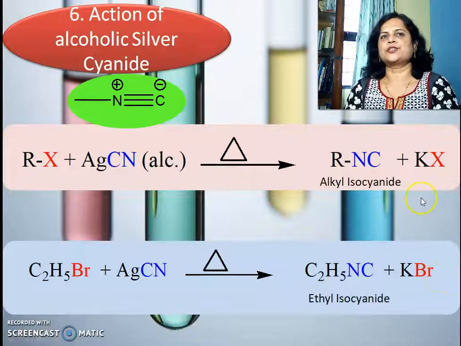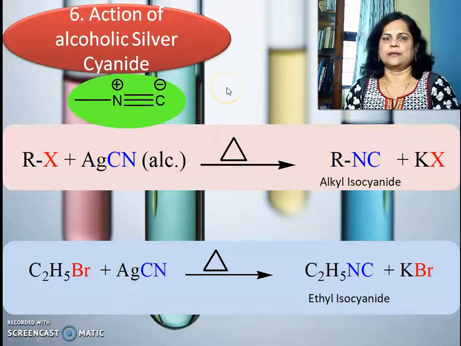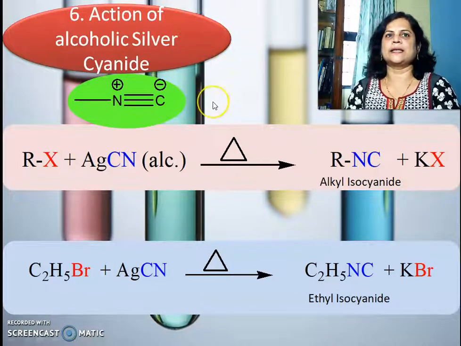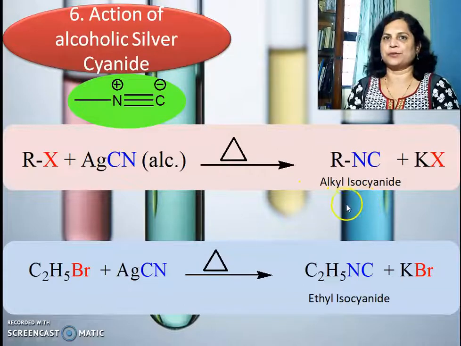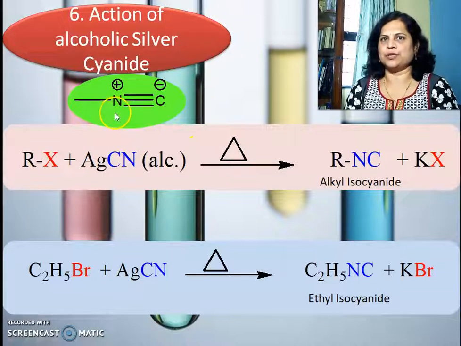Next reaction: action of silver cyanide. The formula for silver cyanide is AgCN. When alkyl halide reacts with silver cyanide, alkyl isocyanide is formed. Alkyl isocyanide is RNC, where the alkyl group is bonded with the nitrogen.